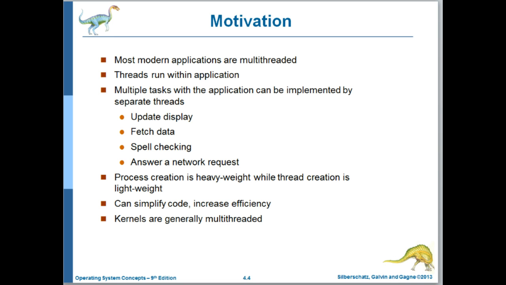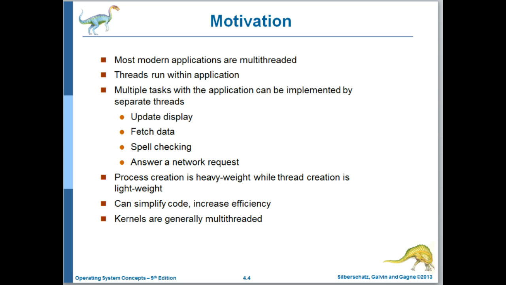We say process creation is heavyweight. Remember, there are a lot of resources that have to be set up to run a process. Specifically, the fork system call takes a lot of time setting up the resources for the process and getting it going, whereas thread creation, we say, is lightweight.